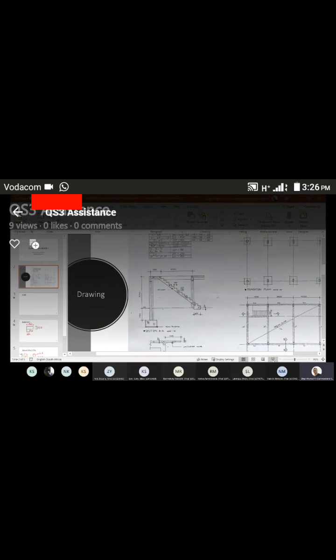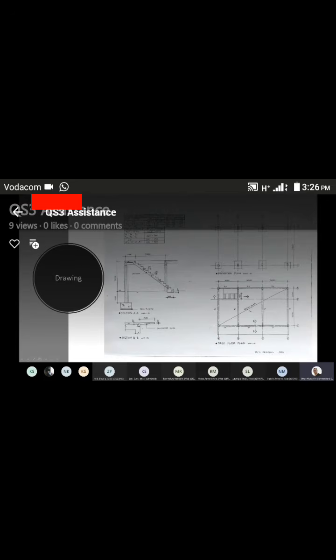When I do my excavations, I would look at my schedule on my top left. I would look at that, and my bases are given to me as 1100 by 1100 by 600.